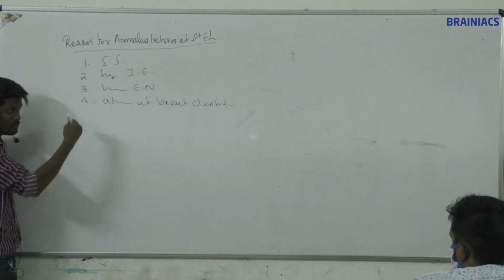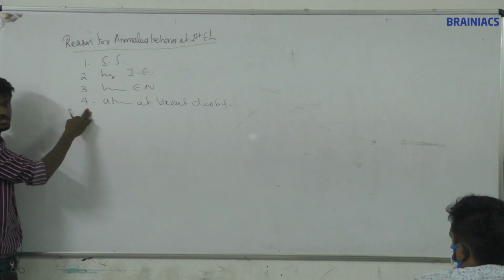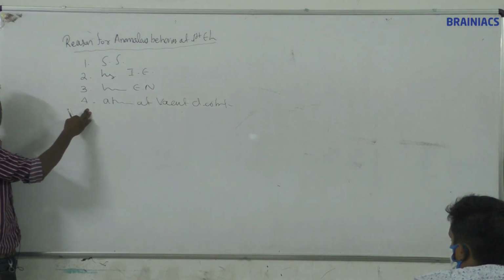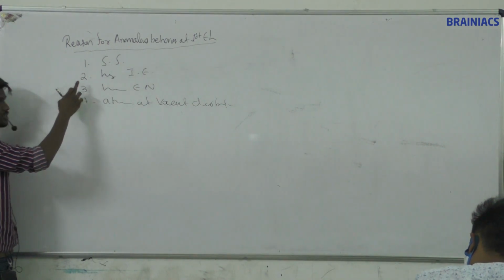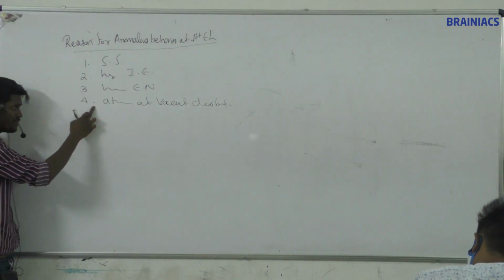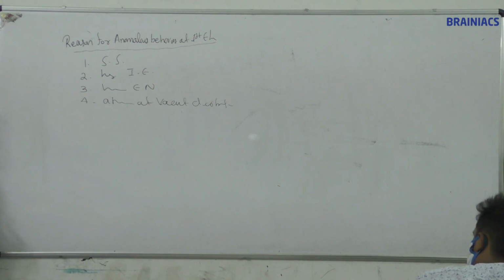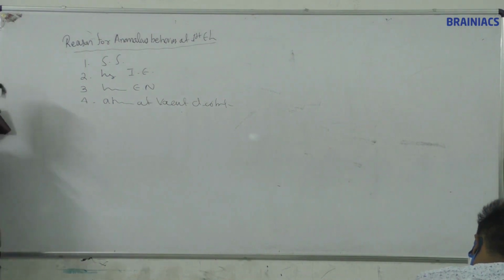But in p block elements, the fourth property is absence of vacant d orbital. So the reasons are: smaller size, high ionization energy, high electronegativity, and absence of vacant d orbital.